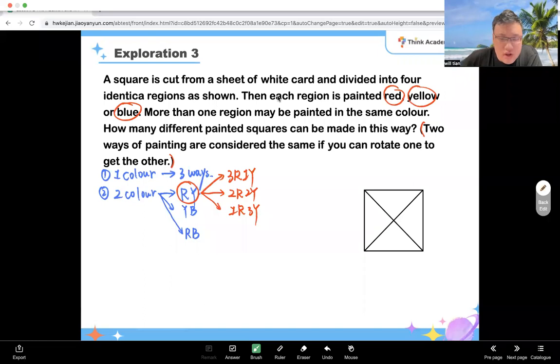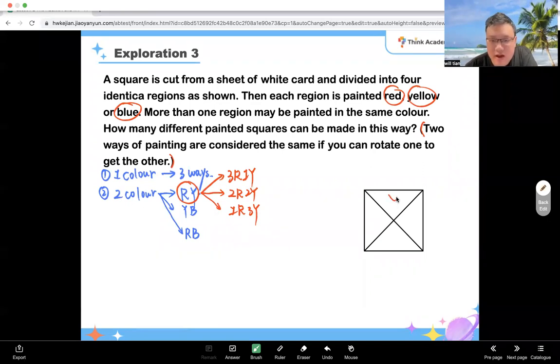If I choose 3 red and 1 yellow, how many ways can I arrange them? Is that only one way? Or 3 ways? What do you think? 1 way or 3 ways? Someone said 3, someone said 1. Actually, guys, there's just 1 way to put that 1 yellow and 3 red.